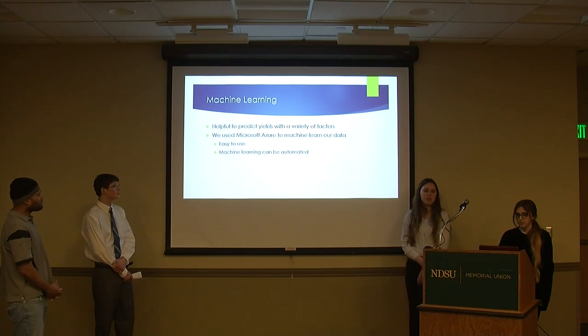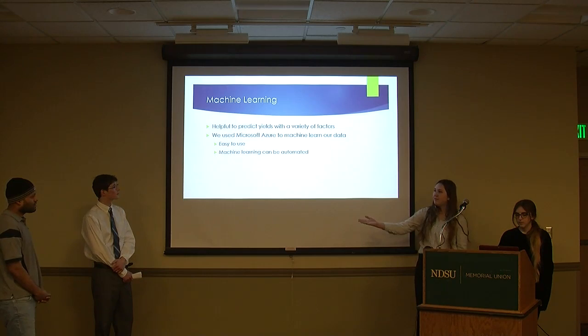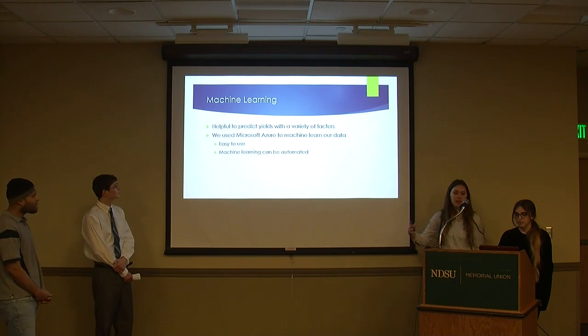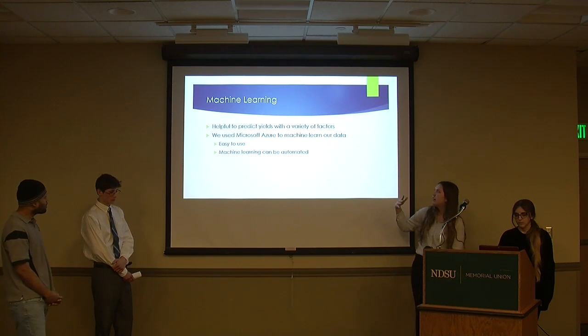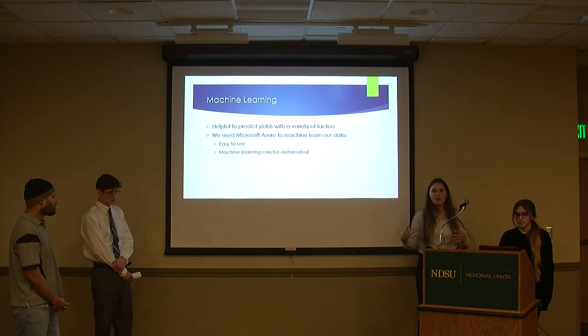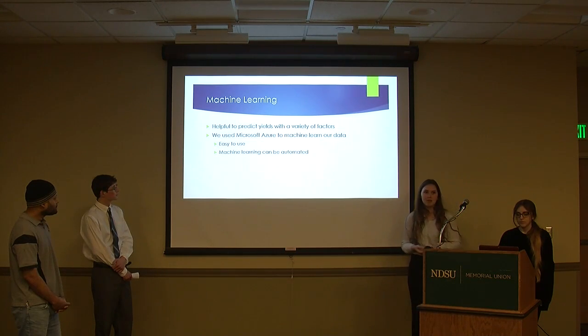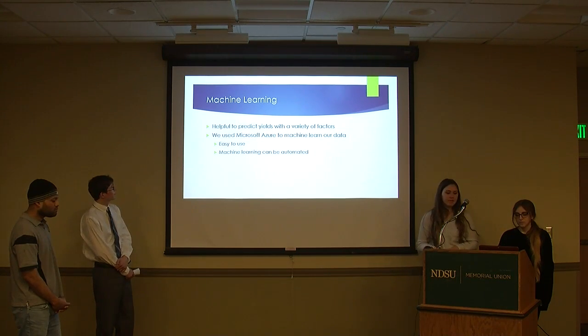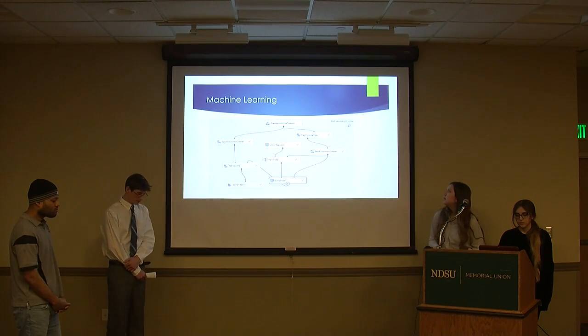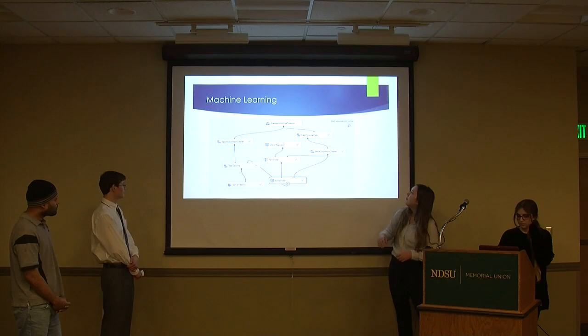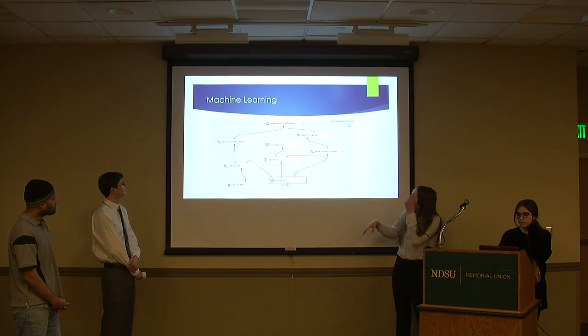So our machine learning: we got the data from these guys, and machine learning helps us to predict, in our case, yield. We use Microsoft Azure for our machine learning. It was really easy to use, and it's nice because it can be automated. And here's our model for it.